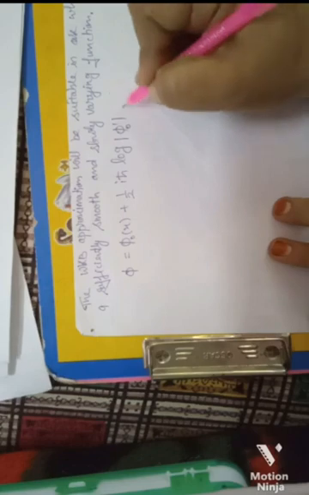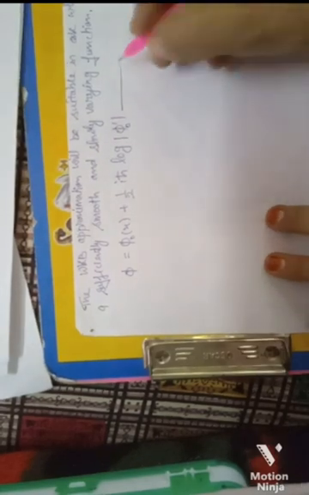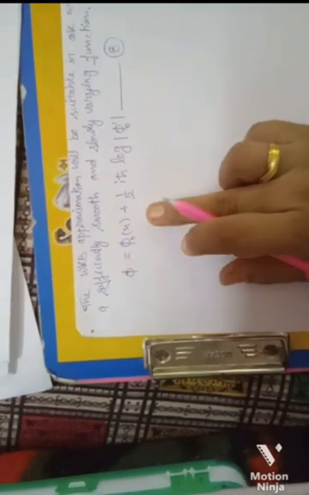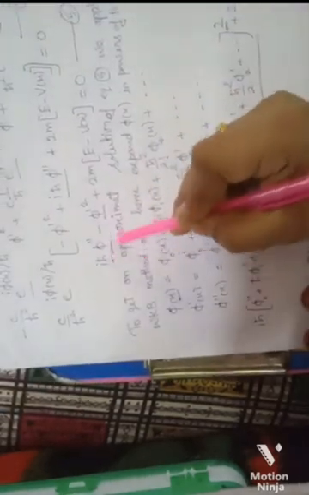Okay students, so this is equation 8. This is the solution of equation 5, don't be confused. This is your equation 5, no? So this is the solution of equation 5.